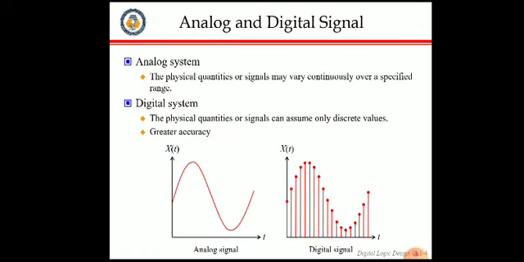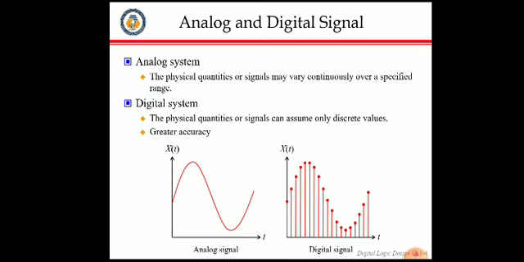Now let us see the difference between analog and digital signals. Let us take two examples. You observe the graphical representation of two signals here.